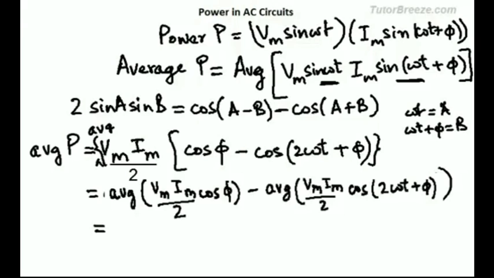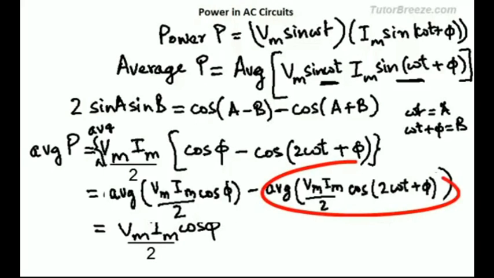The first term is a constant because Vm is a constant, Im is a constant, and the phase phi is a constant value. So the average of this term will be Vm Im cos phi, and since the second term is a cos theta type of term, its average will turn out to be 0.